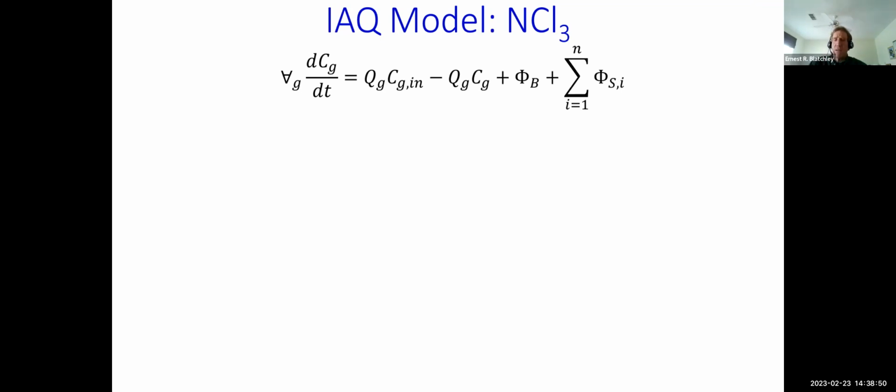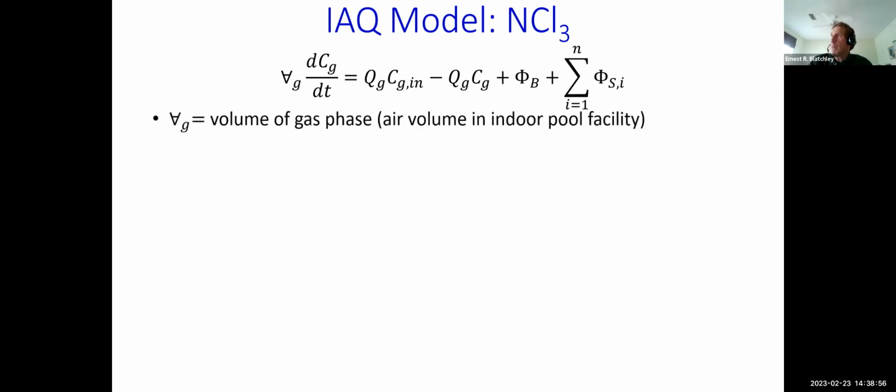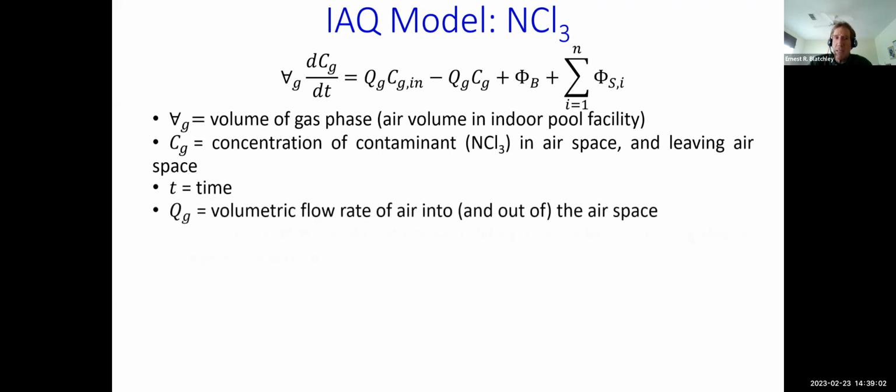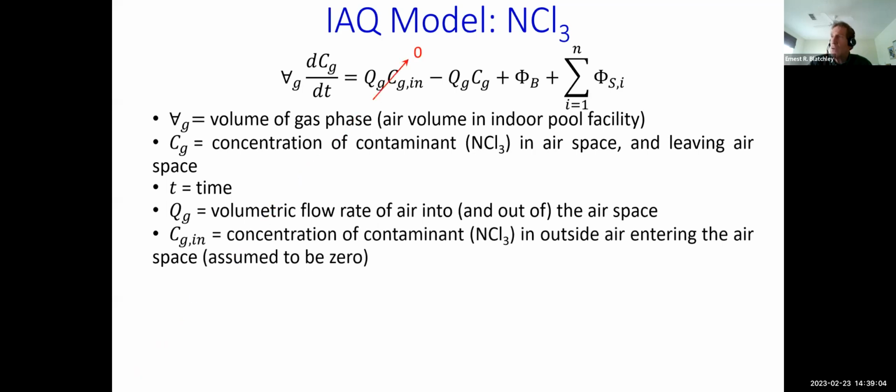And I think what I'm going to do in the interest of time and perhaps the sanity of the people who are listening is skip through the math here pretty quickly. I'm happy to try to answer questions related to this if they come up. But the basic idea with this model is that we're going to use it to simulate how the amount of trichloramine that's present in the air above the pool, that's what's described on the left side, is going to be influenced by the various processes that are present in the system.